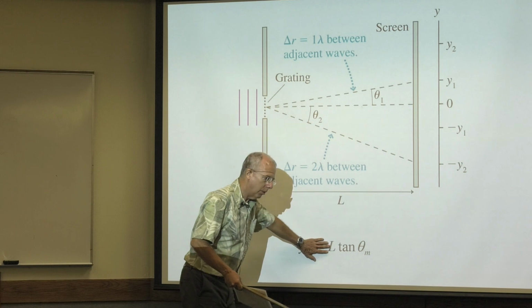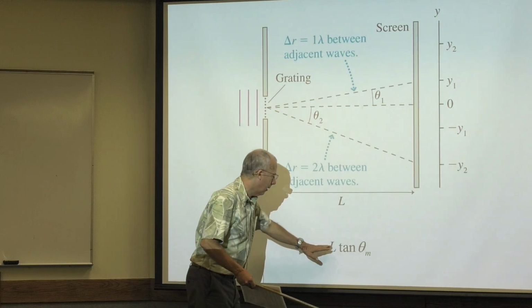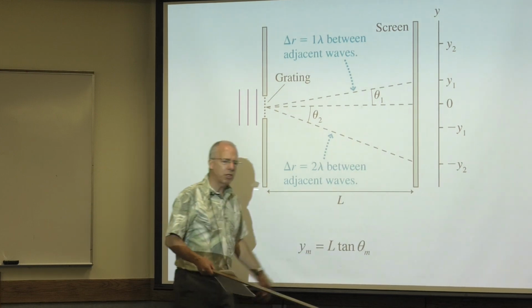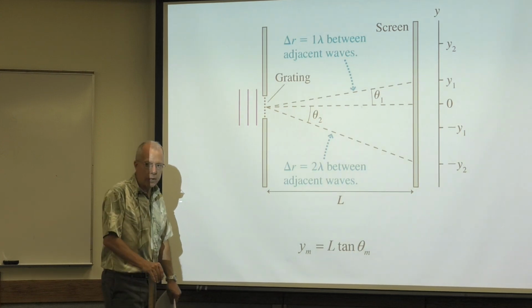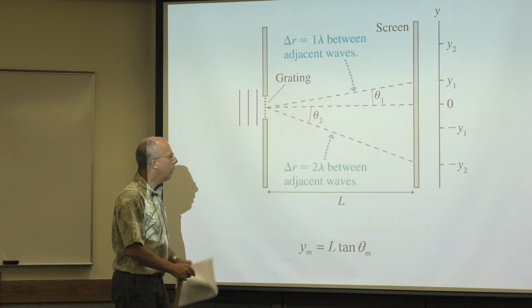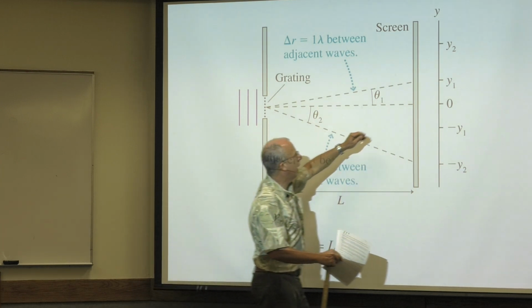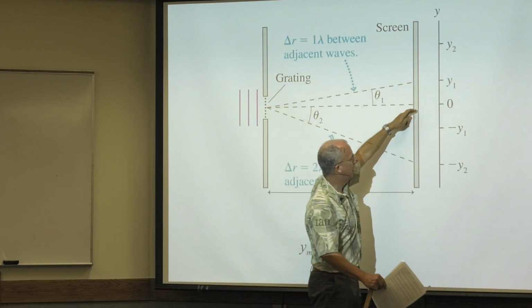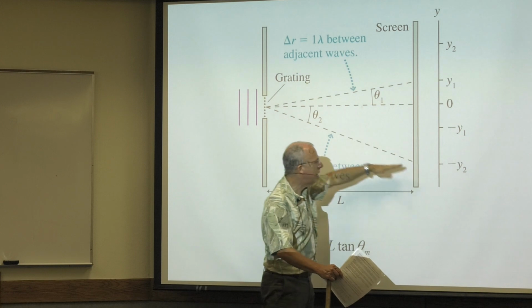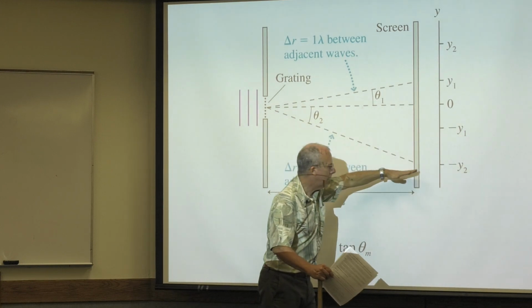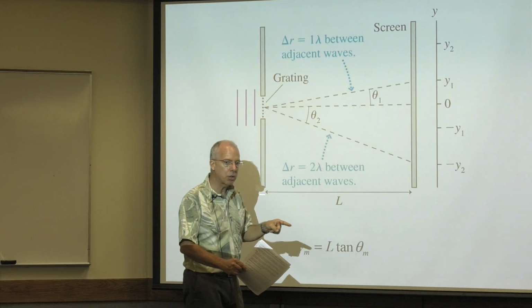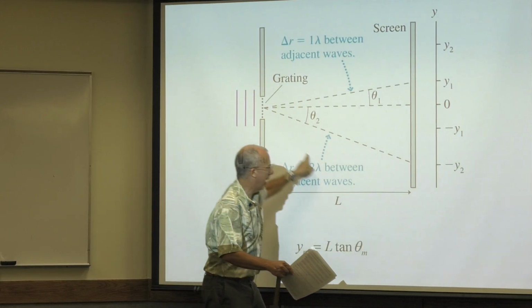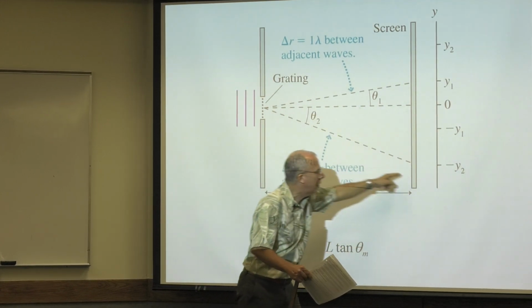This is true, but how about using the small angle approximation for tangent? Remember we had tangent theta is approximately equal to sine theta? Well, you could probably use that for y1, but maybe for y2, it depends on what the angle is. But you can't use it for y3, maybe not even y2, it depends.